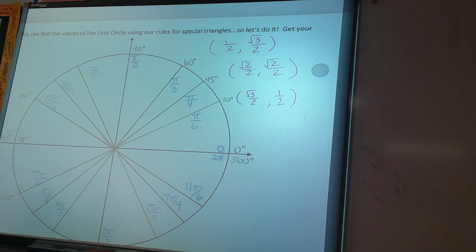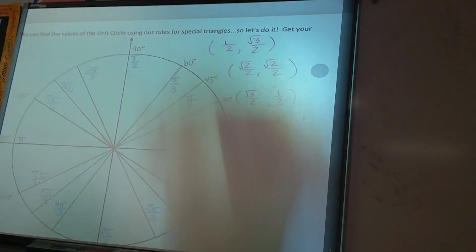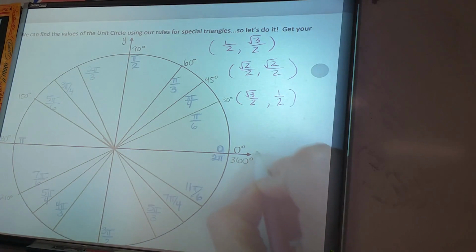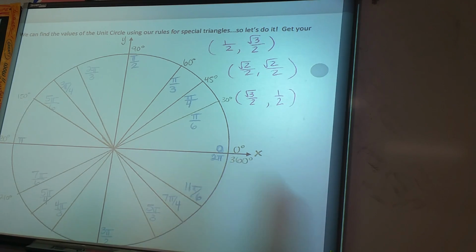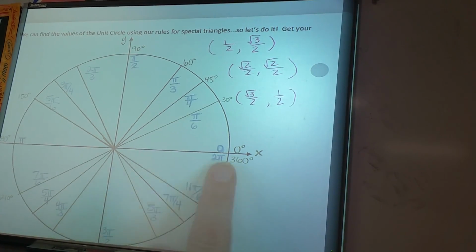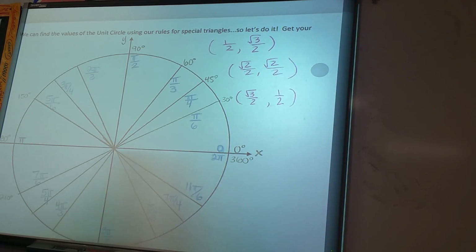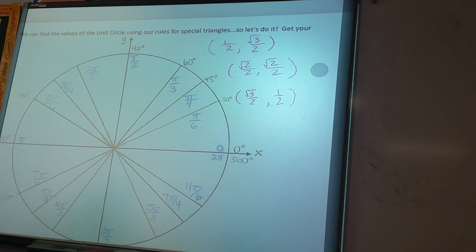If you have an x-axis and a y-axis here, so we're going to think about this is our y-axis, this is our x-axis. Okay? Would you guys all agree that this is the positive side of the x-axis if I were plotting my points here? And this would be the positive side of the y? So everything that is in quadrant 1 is going to be positive.